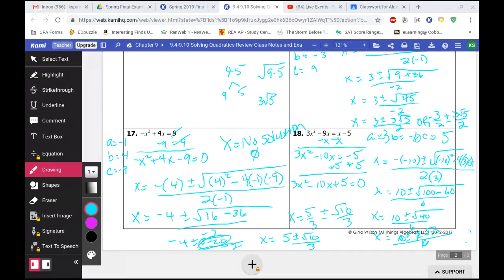There might be a missing term, like the B term. If the B term is missing and you only have a squared term and a constant, my recommendation would be to do square roots. But with 3 terms, definitely put it in standard form. Identify A, B, and C, and then just make sure you're plugging in.